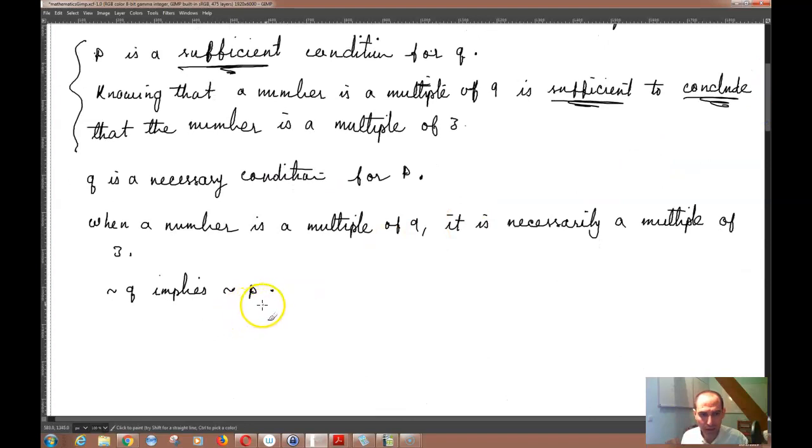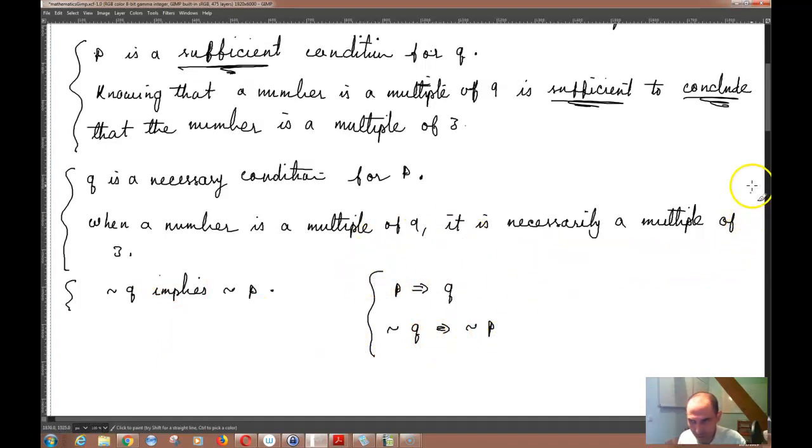So that is basically stated this way: not Q implies not P. So if you have P implies Q, that automatically means that not Q implies not P. That's the meaning of this thing over here.